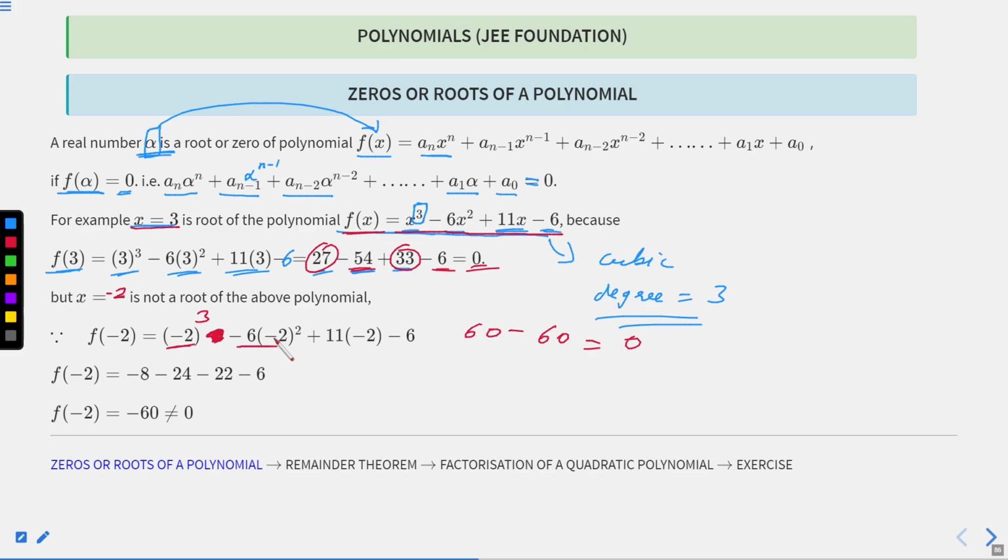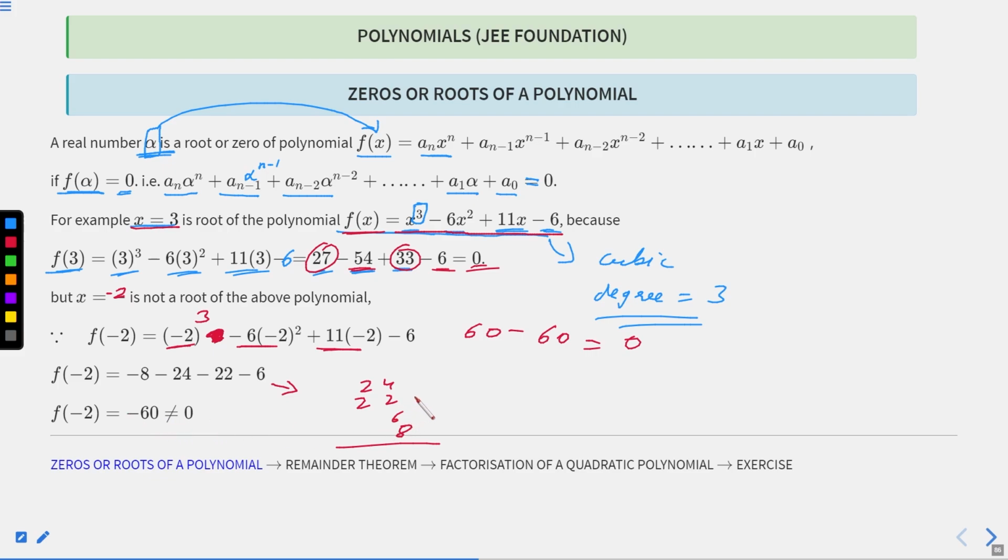Minus 2 square is plus 4, and 6 times 4 is 24, so this will be minus 24. Then minus 22 and minus 6. So all the terms are negative, so we just add 22, 24, 6 and 8 to get the final answer, and the final answer will be negative.